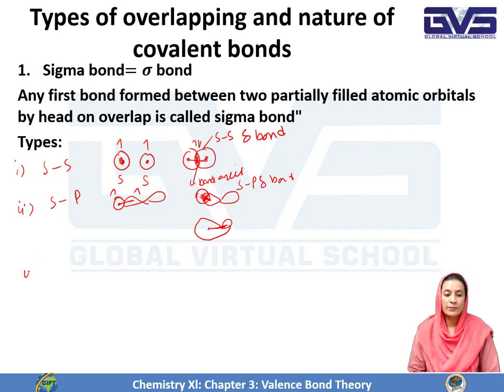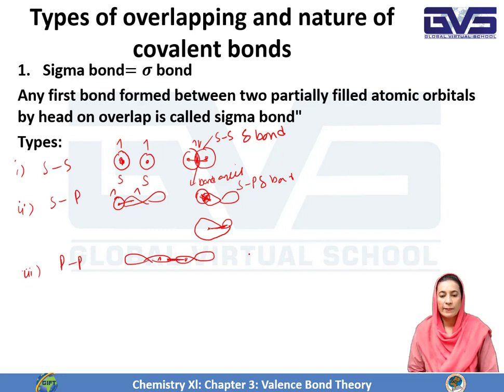There is another possibility, between p and p. They can be 2px, 2py, or 2pz. Like you have one px orbital with one electron in it, at this spot they will join like this, and now they have a pair.